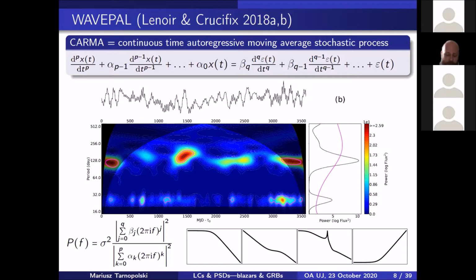It's not crucial here to go into details, but CARMA's PSD is quite flexible. It can be either a Lorentzian or a white noise transiting to a power law. It can contain spectral breaks, peaks, or some other weird features as well.